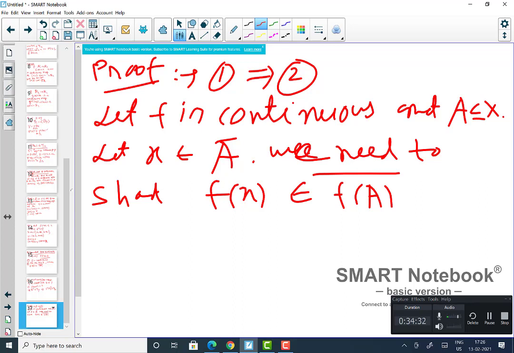One minute. So a continuous map is given, so that means it is continuous at a point x.